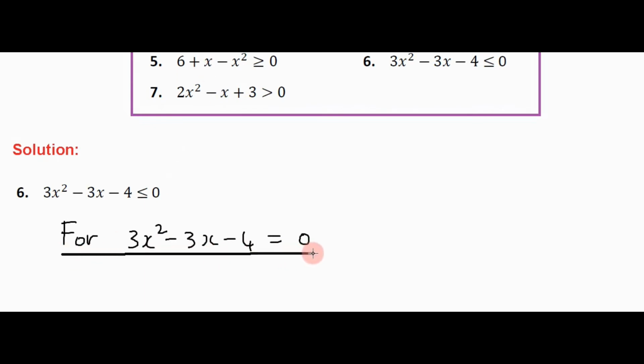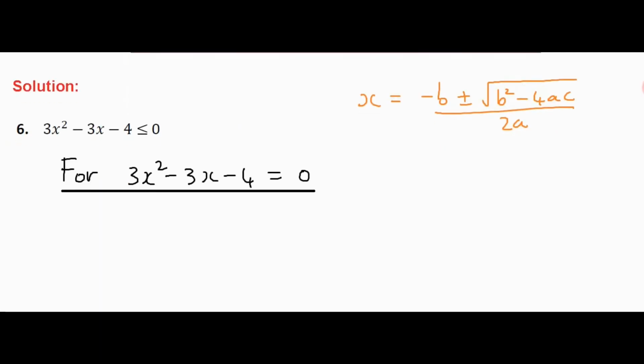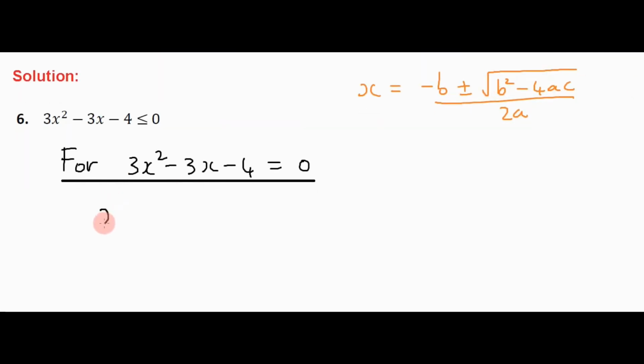And now we're going to use the quadratic formula. Now, remember the quadratic formula is x equals minus b plus or minus the square root of b squared minus 4ac all over 2a. And we can plug into the quadratic formula. So x will equal minus b.